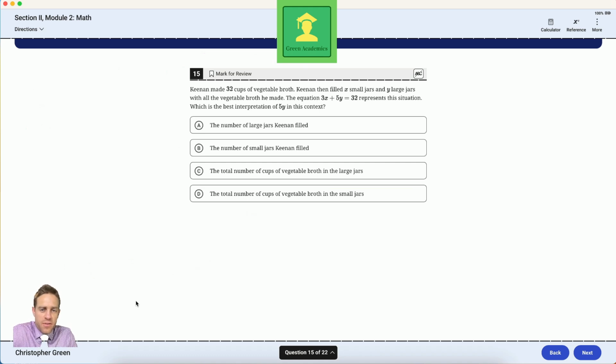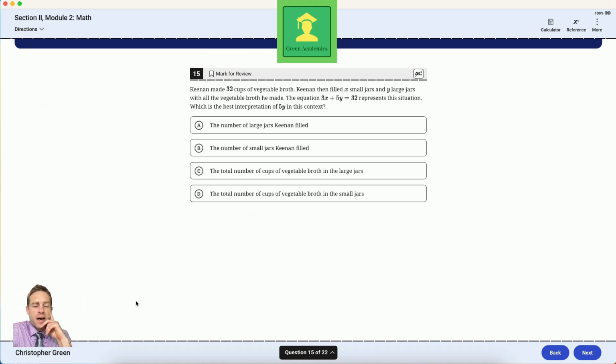what they're saying, 3 is the number of cups in a small jar. 5 is the number of cups in a large jar. And then y itself is how many large jars there are. So 5 is cups per jar, and y is jars.